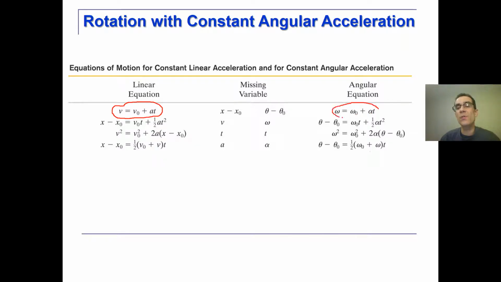So there is a correspondence between linear translational motion and angular rotational motion. There are analogous equations. Look, this is an equation for position along a linear direction, translational position, quadratic in time. If there is angular acceleration, there is also an equation for the angle that is quadratic in time.